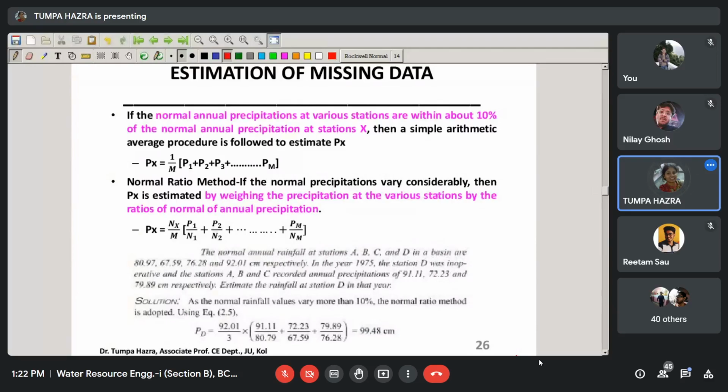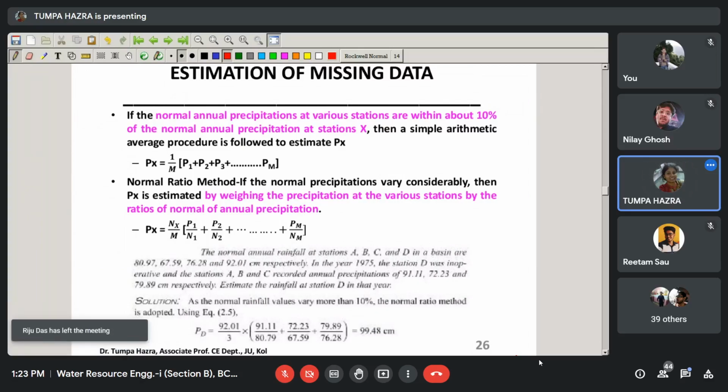During the checking of continuity, if you find some data is missing, whether you will discard that data? But you have already collected the data for a long time, so you cannot discard the data. That is why you have to recover the missing data.